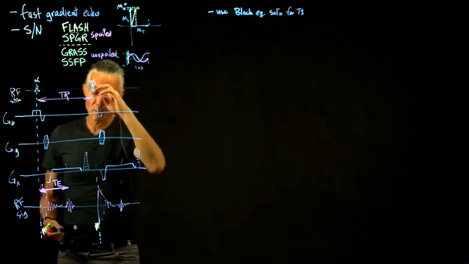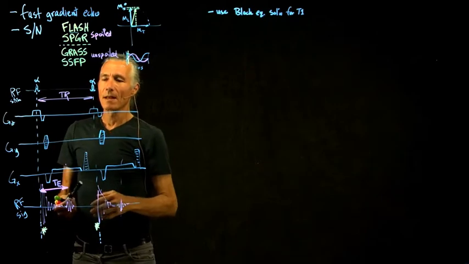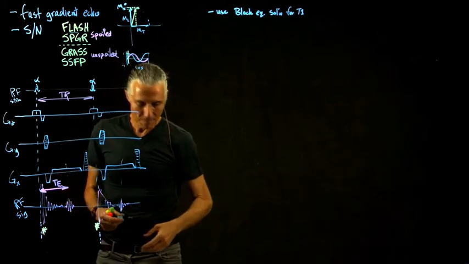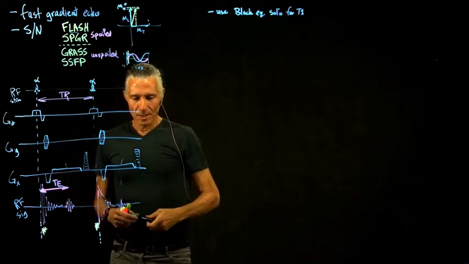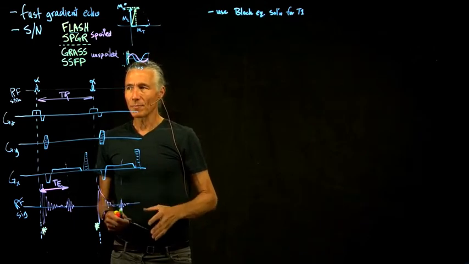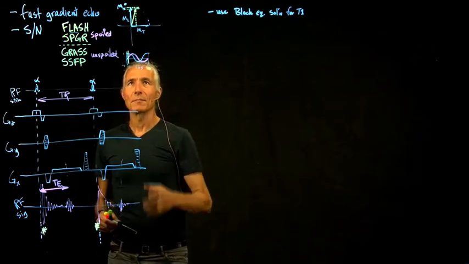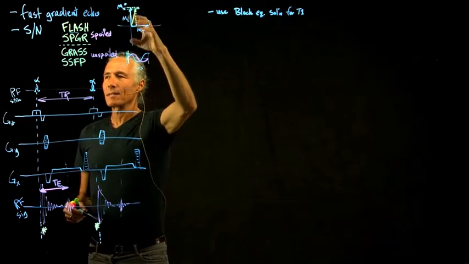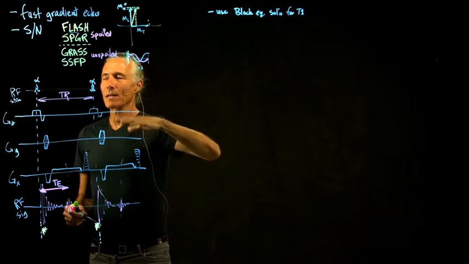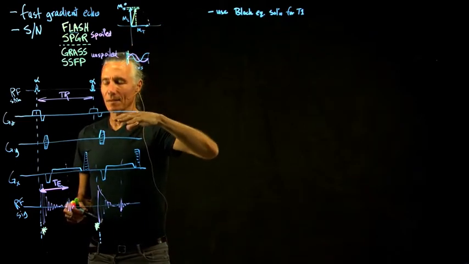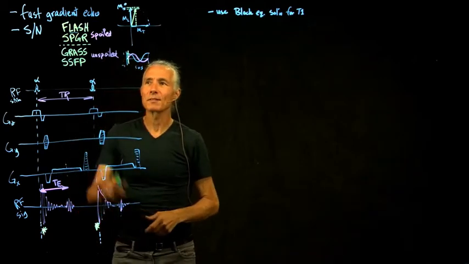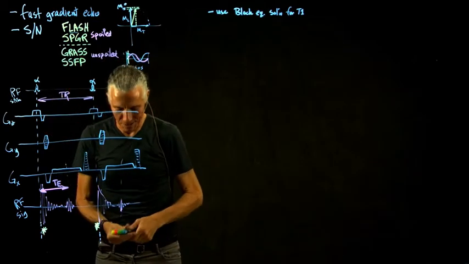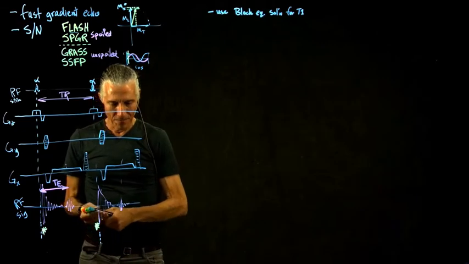We're mainly talking about how much longitudinal magnetization we've recovered, because we're going to be in a steady state where we're not ever recovering up to the full magnetization. So that's the steady state.